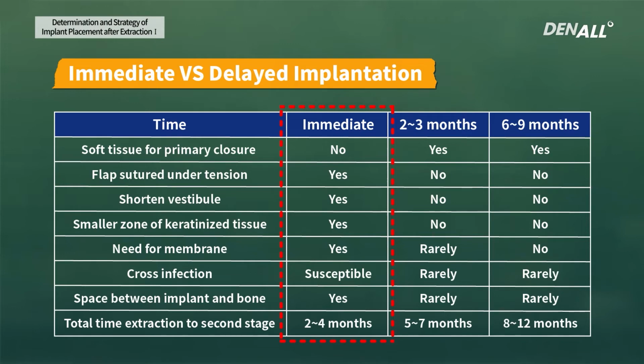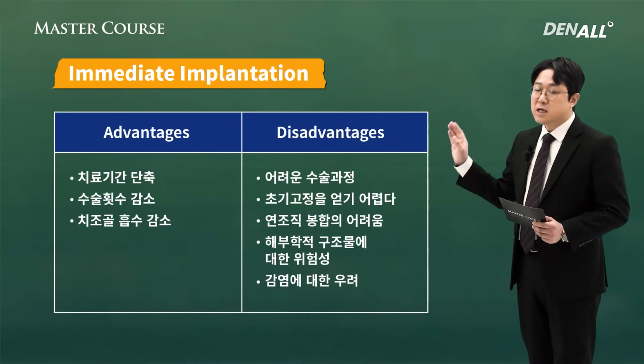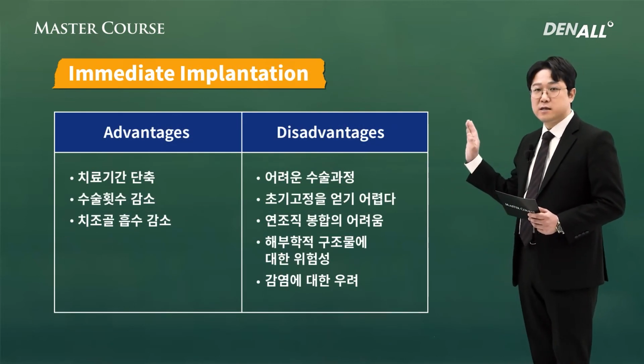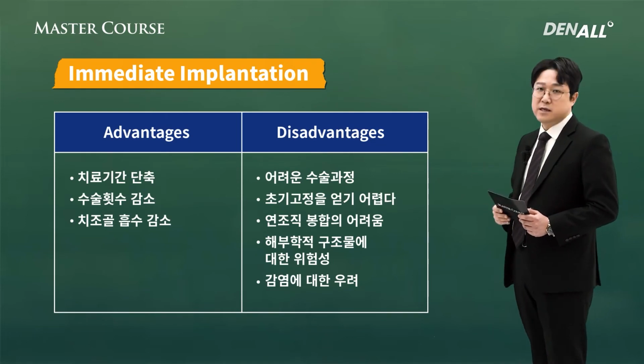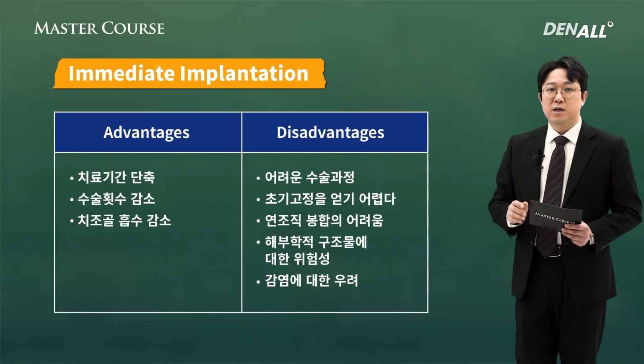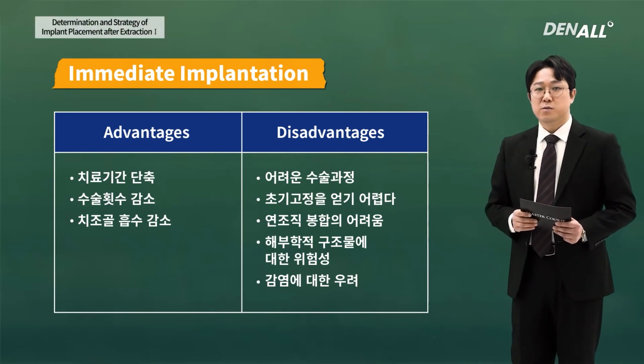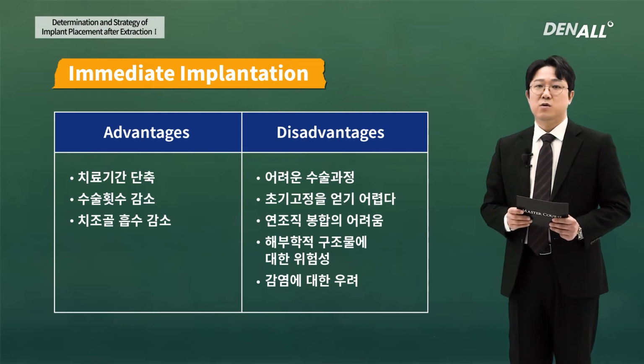There's secondary healing, so there is a possibility of inflammation. Because there is no bone fill, it is very difficult to get initial stability. There are many disadvantages for immediate implant placement, but it has a very strong advantage in the sense that it reduces treatment period, it reduces the number of surgeries, and there is less alveolar bone resorption. So it does have some merits.